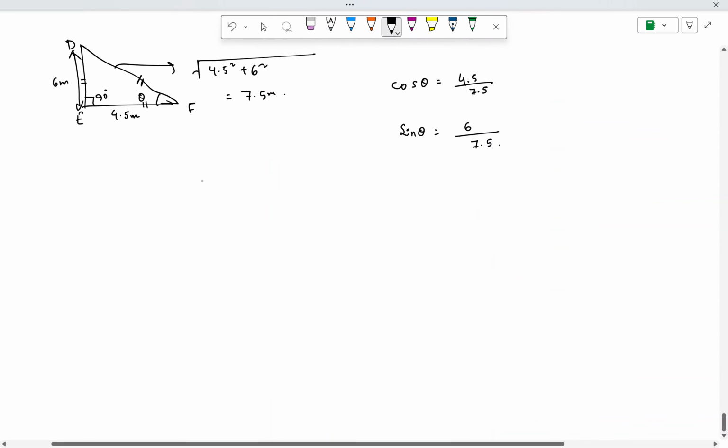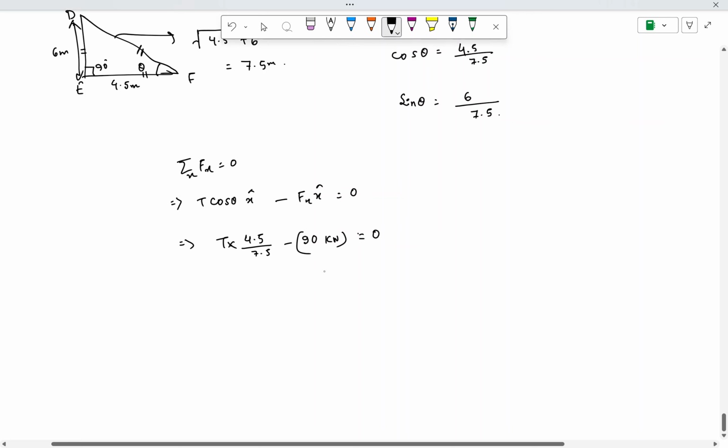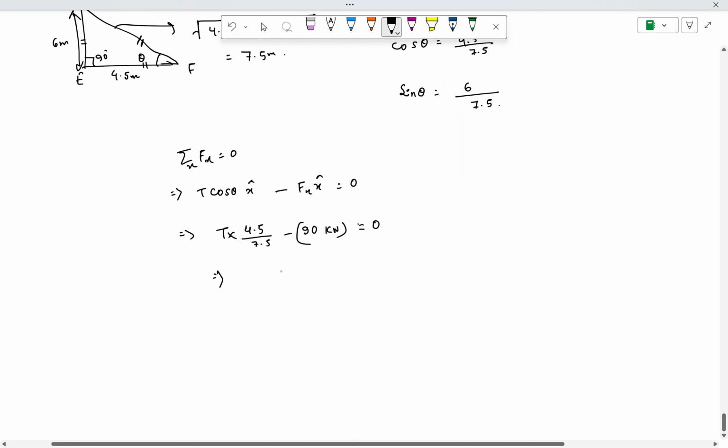Because there is a force balance condition in the mechanical equilibrium case, this force balance has to satisfy that your T cos theta x cap minus your Fx x cap has to be 0. Or your T cos theta, which is 4.5 divided by 7.5, minus Fx, which is basically minus 90 kilonewton, that is the unit basically, and x cap, is 0, because they are cancelling out in the opposite direction to each other.